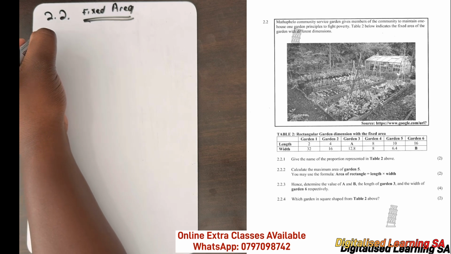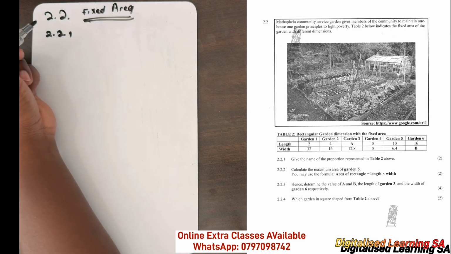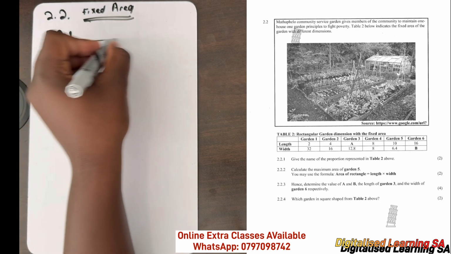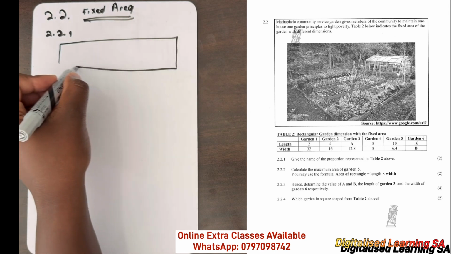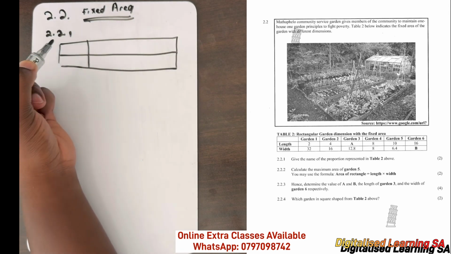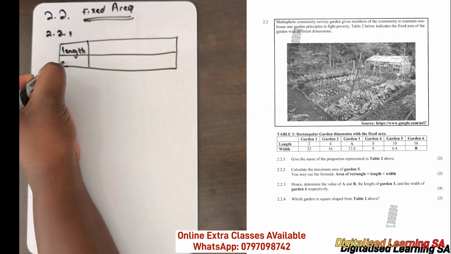So we'll start with question 2.2.1. Question 2.2.1 says, give the name of the proportion represented in table 2. We can see on table 2 that we have the length and the width.